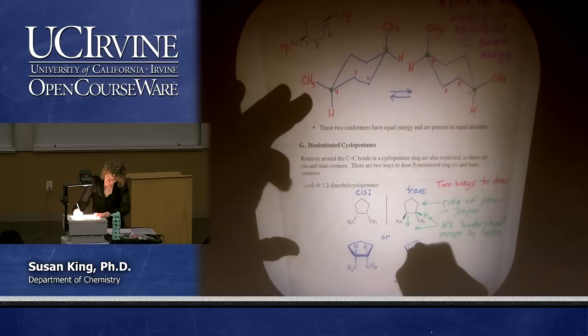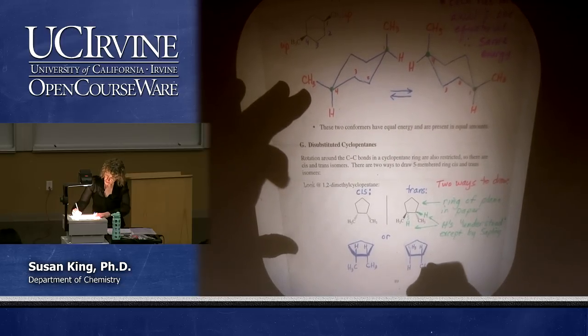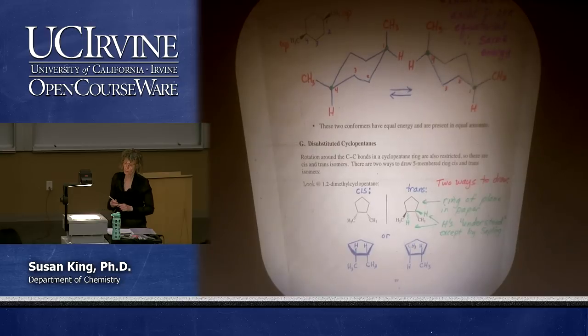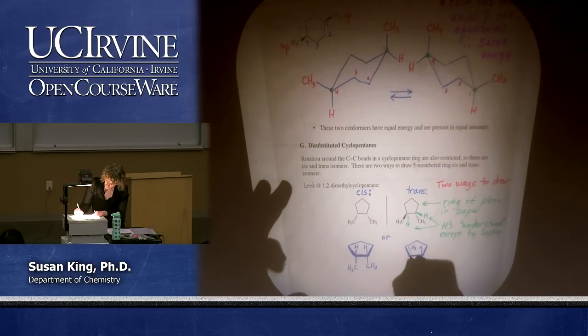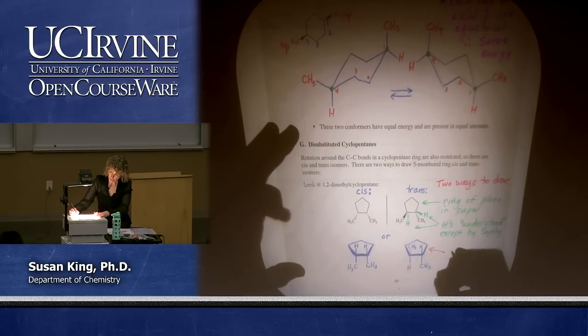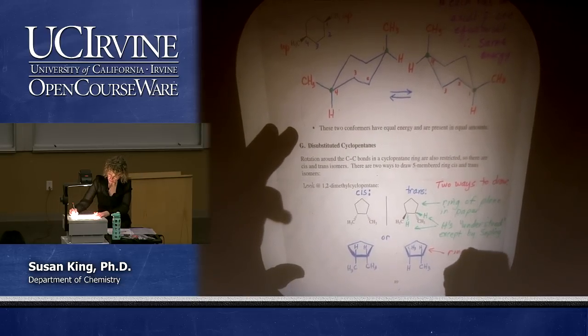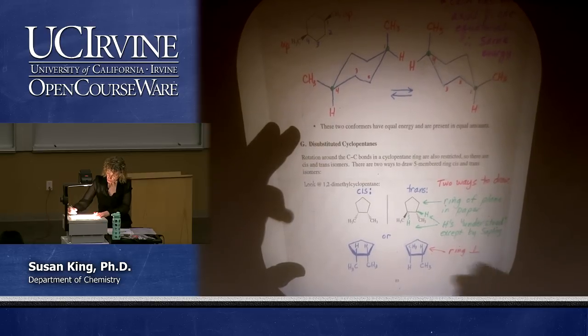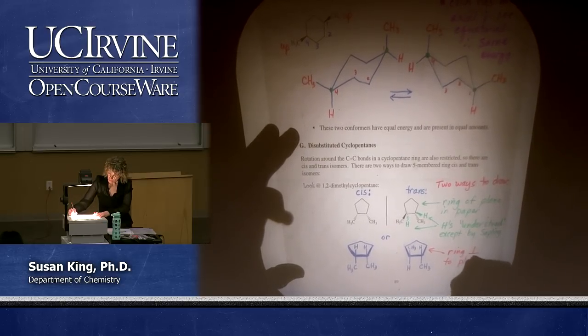So methyl would be up here, this would be a hydrogen, and then down here's the hydrogen, and here's the methyl. So that's two ways of conveying the same information. Again, the ring is perpendicular to the plane of the paper.